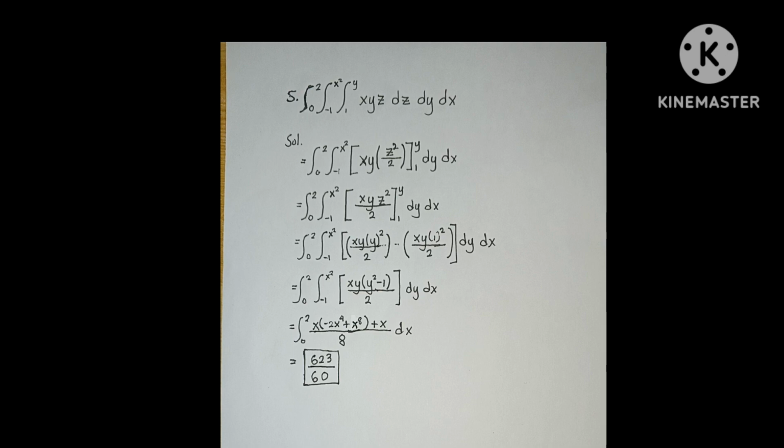Next, we multiply the xy to the integration of z. So we have the integral from 0 to 2 with respect to x, and the integral from negative 1 to x squared with respect to y of xy z squared over 2 from 1 to y. Next, we distribute our value of z, from 1 to y.